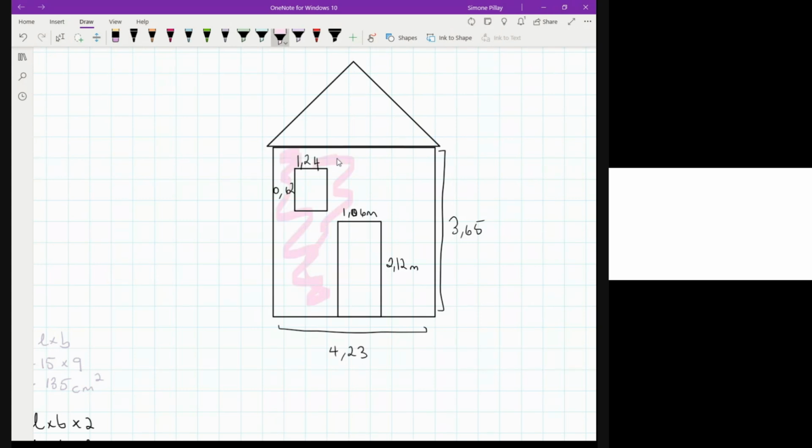Yes, ma'am. Then 5.2 says what fraction of the wall is taken up by the window and the door. What I did was, after calculating the area of the wall without the window and the door, I said the area of the front wall minus the area of the door plus the area of the window.